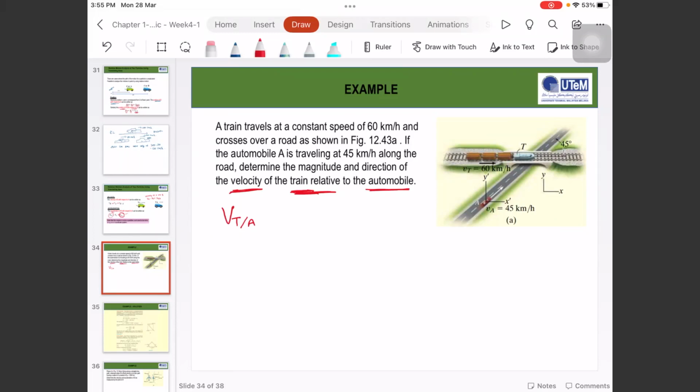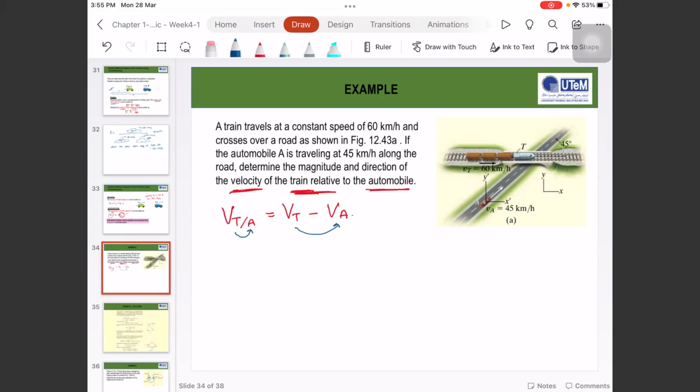So VT slash A. Ingat dia kena sama. You start dengan T kemudian A, jangan tertukar. So the question is asking what is the velocity of train relative to automobile.